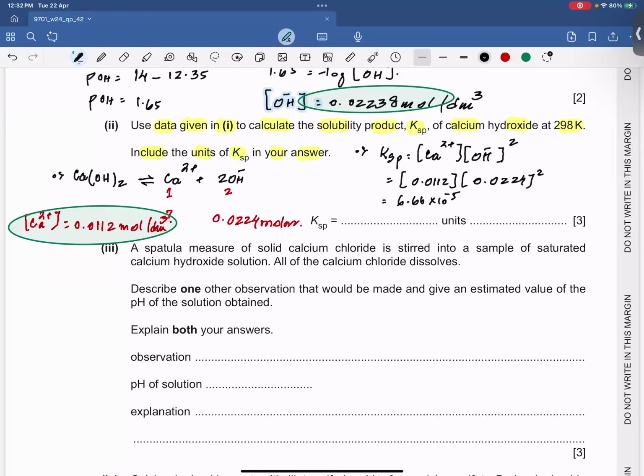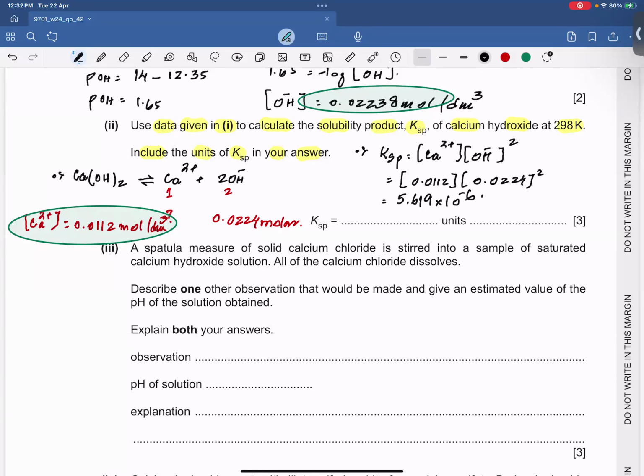Let me check my values again. Oh, sorry. 0.0224 square करें. Multiply by 0.0112. That's 5.61619 into 10 to the power minus 6.